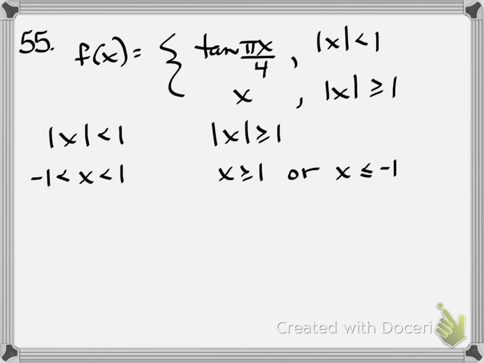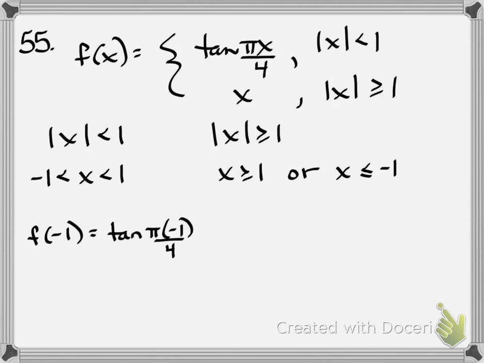It's -1 and 1. So if we check -1 in the top function, tangent of pi times -1/4, we would just plug that into our calculator.